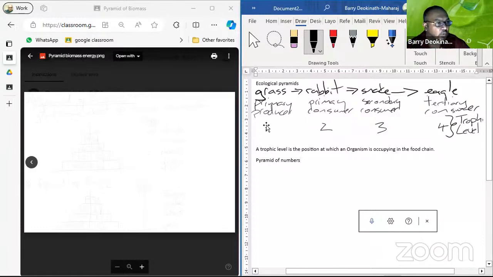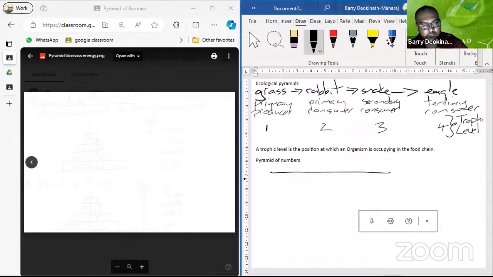So if we go to draw a table now, with the trophic number, organism, and the number.